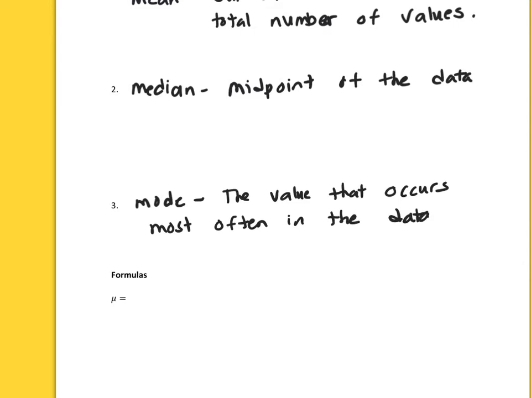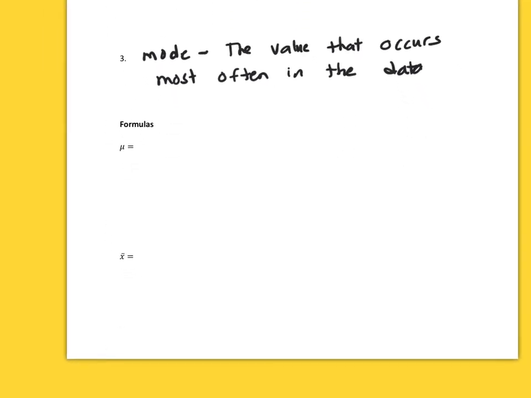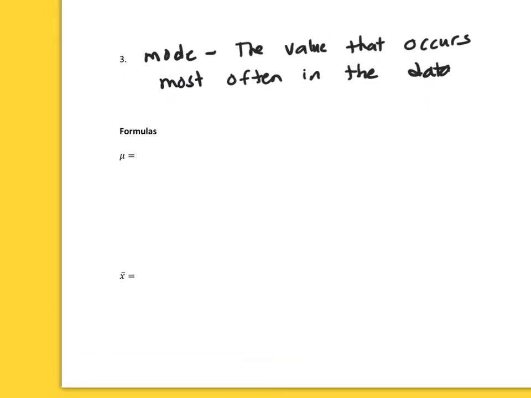Okay, now let's look at some formulas that represent the mean. Remember in the past video, what did mu stand for? Mu stands for the mean of the population. So let's write the sum of the values divided by the total number of values in notation, specifically in population notation.